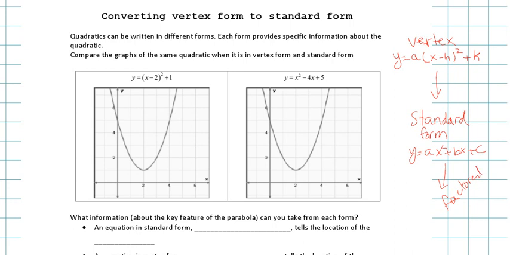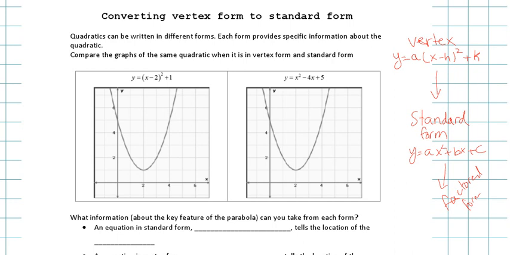There's no straight way to go from vertex to factored right away. It's not a direct track. I have to do a layover in the standard form in order to go to the factored form. So that's why I need to be able to go from vertex to standard, so I can later go from standard to factored. Okay?